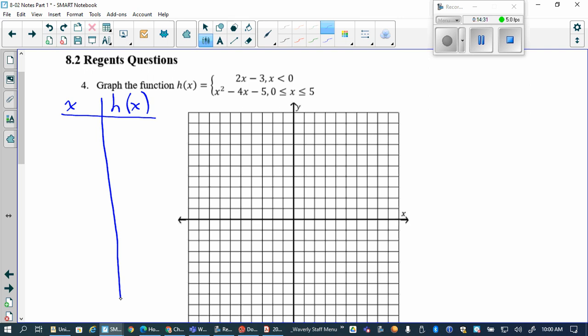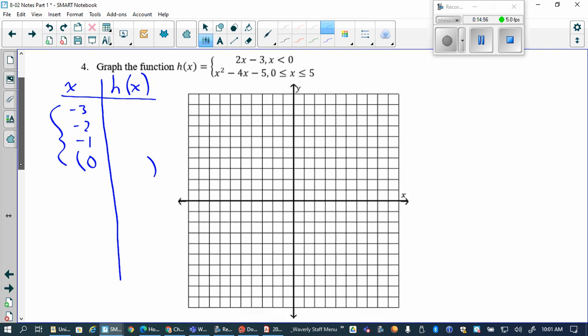What does x less than 0 mean? What's another way to say numbers less than 0? They are negative, right? So maybe the top function will do negative 3, 2, negative 1. Should I do 0? Yeah, but I'll put parentheses around that. So that'll be my top function.